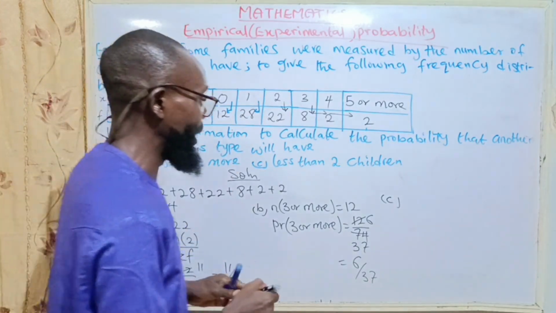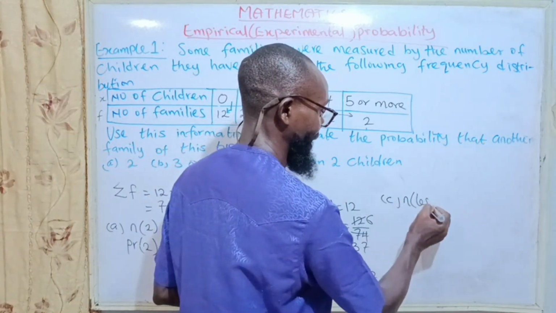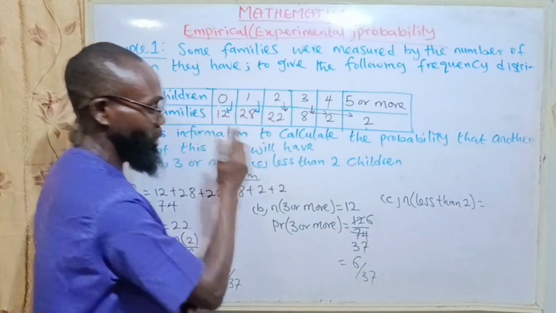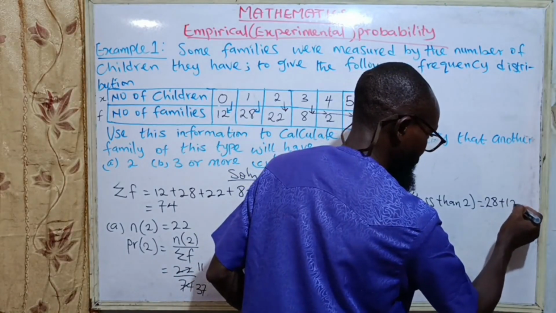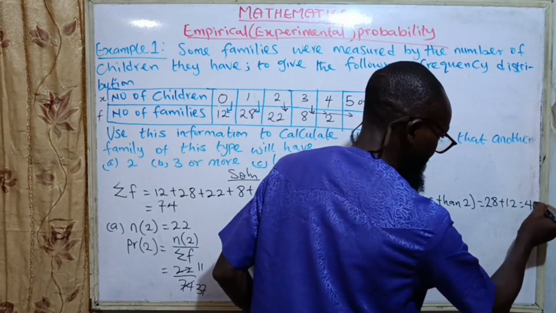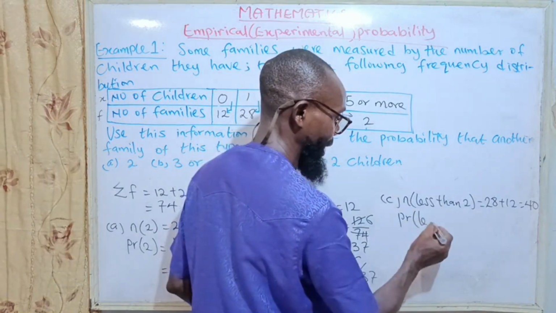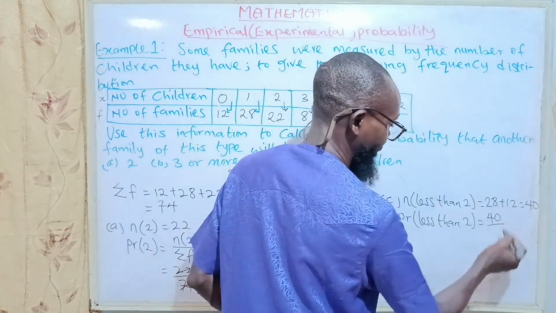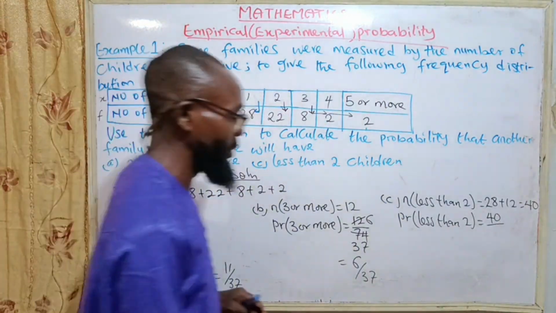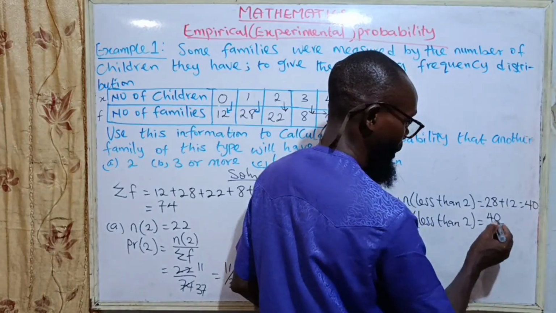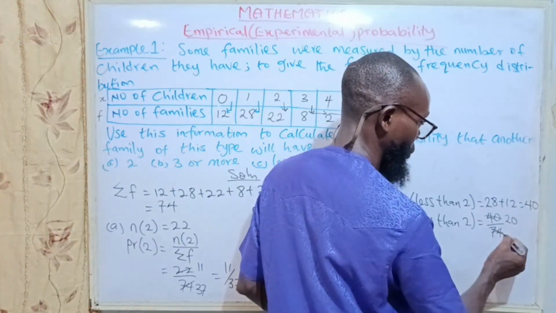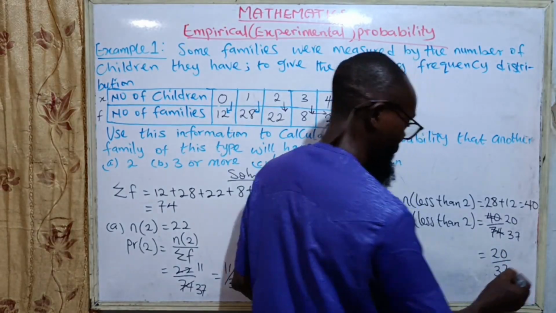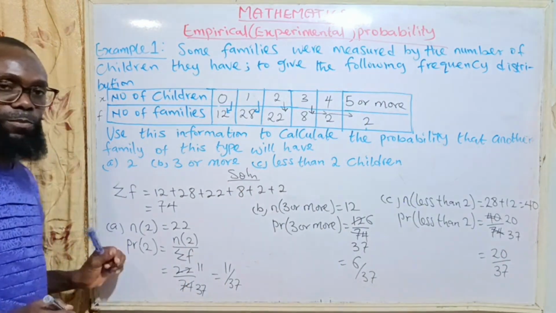So the number of less than 2 equals 28 plus 12, which gives 40. The probability of less than 2 now equals 40 divided by the total number, 74. 2 goes here, we have 20. 2 goes here, we have 37. So we have 20 over 37. So this is how to go about experimental probability.